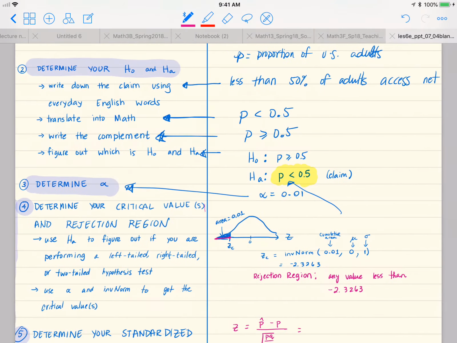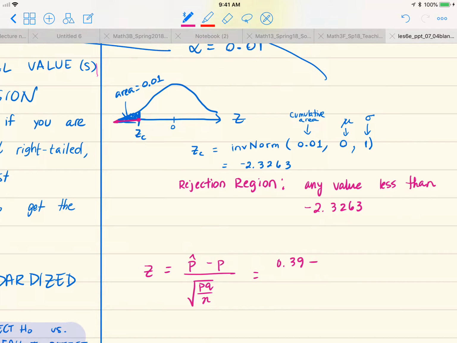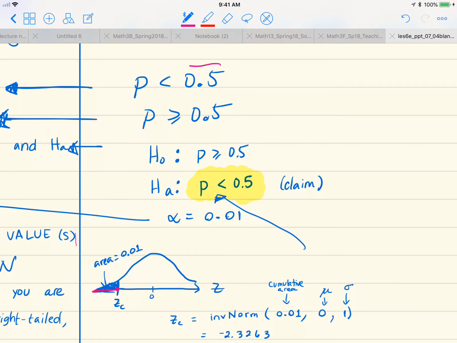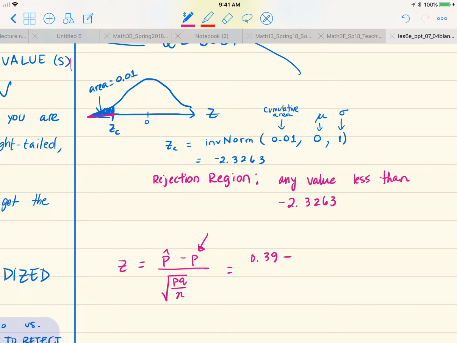So my P hat is going to be 0.39. The P that I use is 0.5, right? This is the hypothesized P. So that's going to be 0.5. Q is 0.5 because remember Q is 1 minus P. And then over N, N is 100.